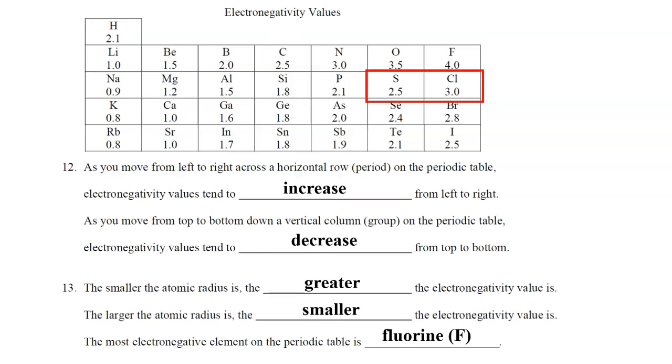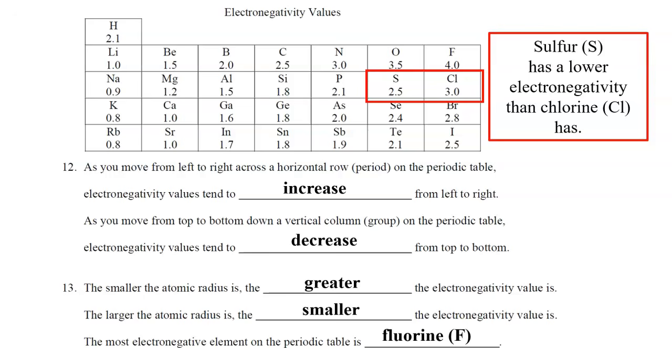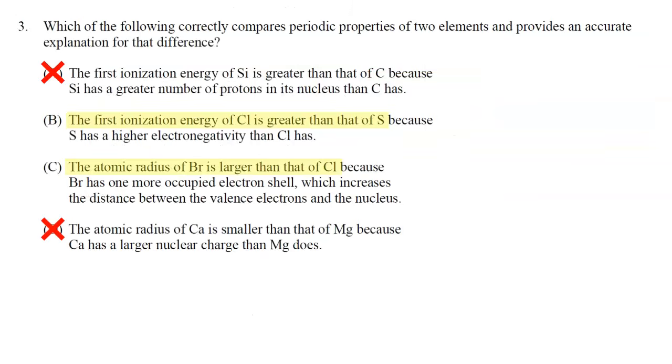So there are the elements sulfur and chlorine. Based on this trend, we would expect sulfur to have a lower electronegativity value than chlorine. But in choice B, it says that sulfur has a higher electronegativity than chlorine. That is incorrect, so we can eliminate choice B.